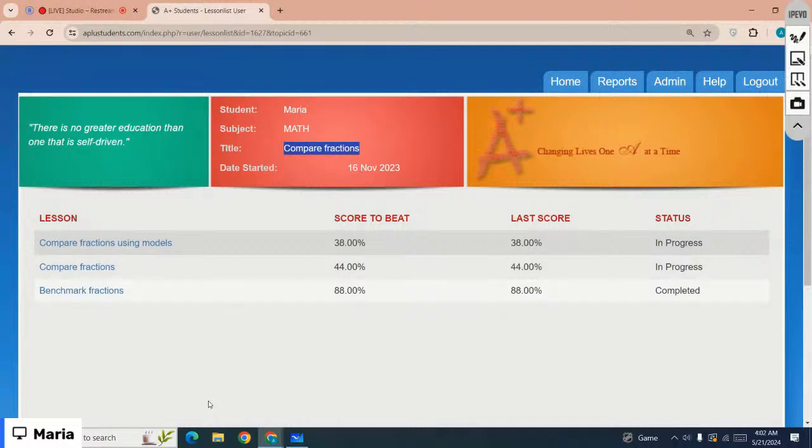Okay, so let's just start with the first lesson, that is compare numbers using models.